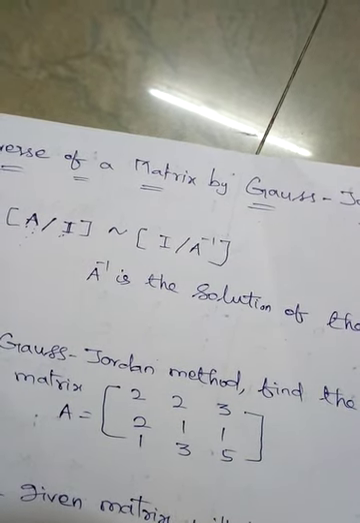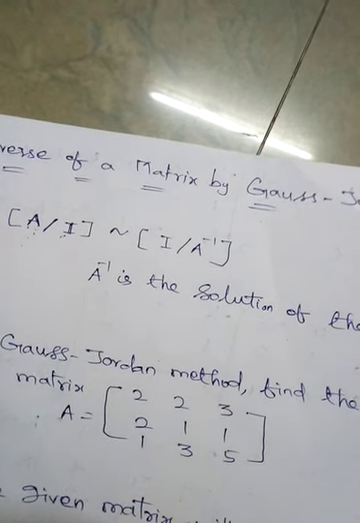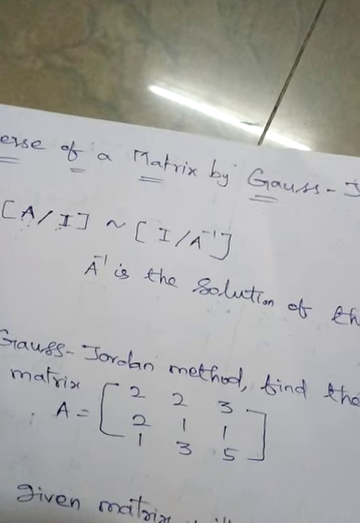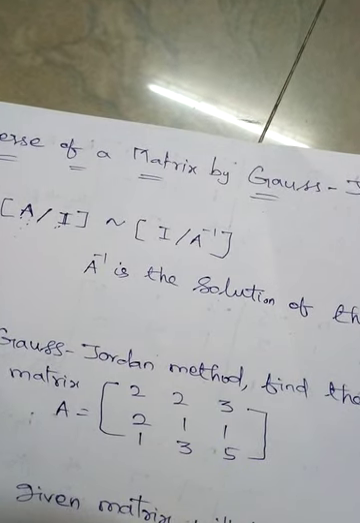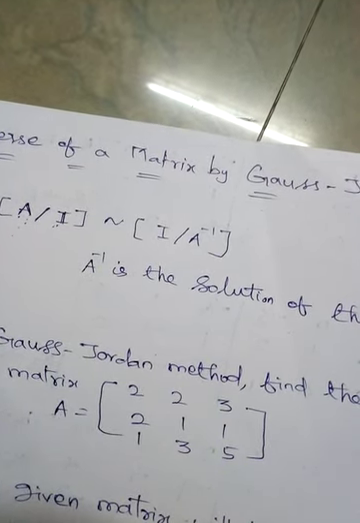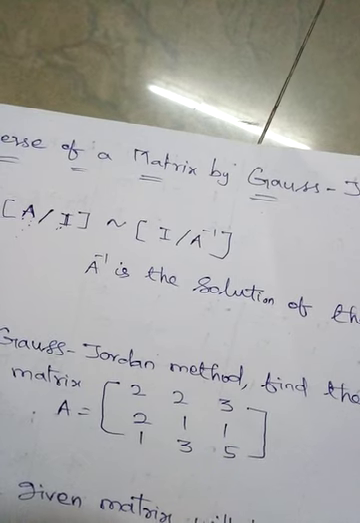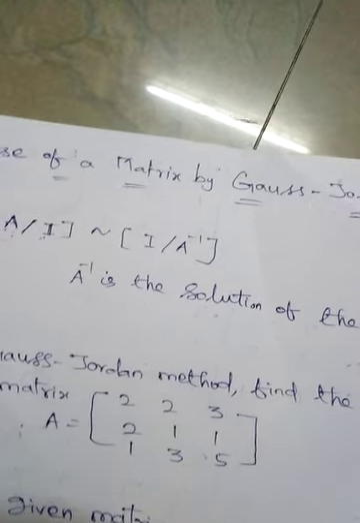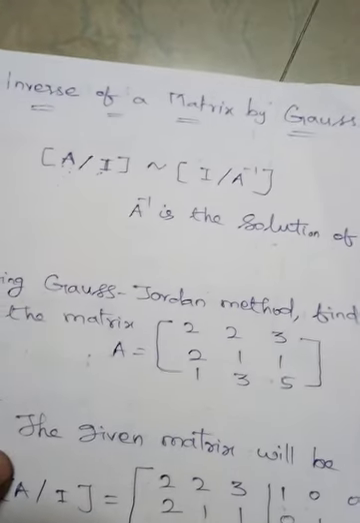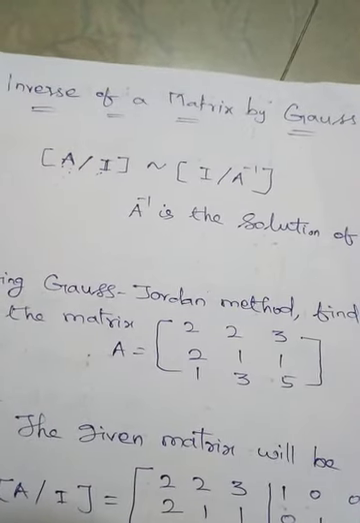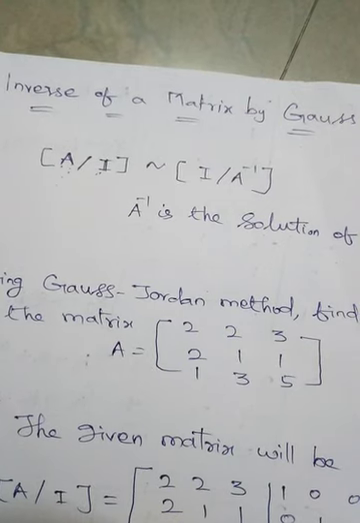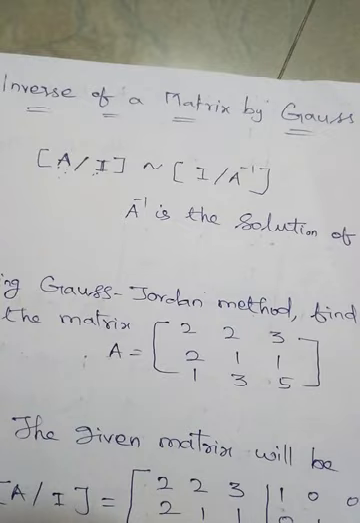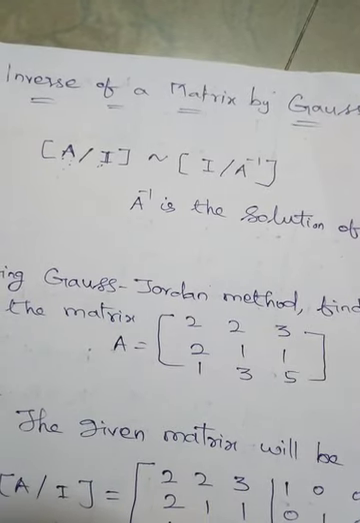Normally Gauss-Jordan means the given matrix will be reduced to upper and lower triangular form. Are you clear? Upper and lower triangular matrix means that only the diagonal has values, that is 1 1 1. The result of Gauss-Jordan will be that the given matrix becomes the identity.